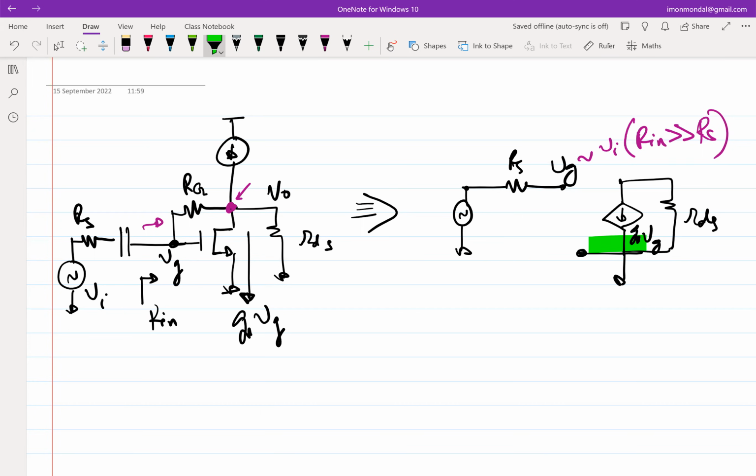So if we have to figure that one out, what type of analysis would you want to do? Looking at the circuit, what type of analysis will give you an estimate of whether the current prefers to go towards RDS or into RG?